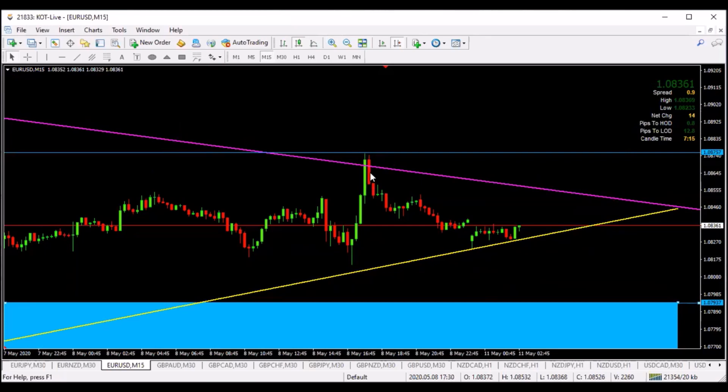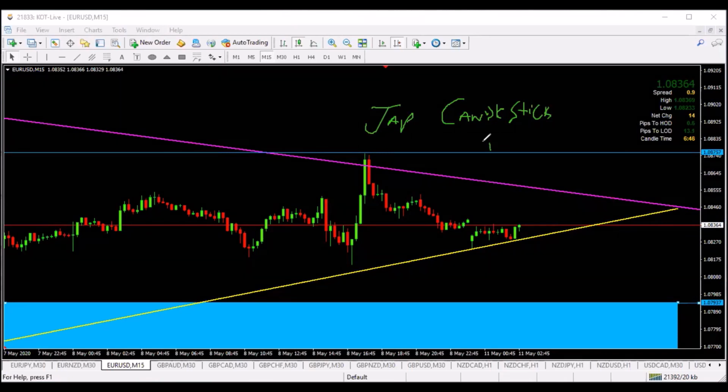Now I'm not going to get into reversal patterns, but I will tell you, you can go to this app right here. It's called Japanese Candlestick Patterns. This is a great app.